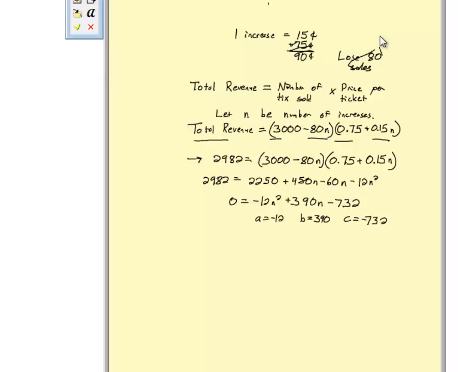So at this point you can use the quadratic formula. X will be equal to negative b plus or minus the square root of b squared minus 4 times a times c, all over 2a.